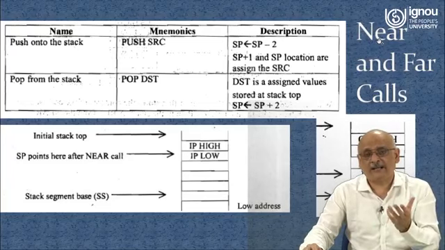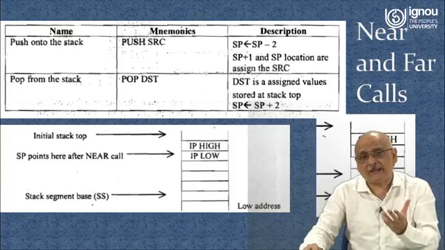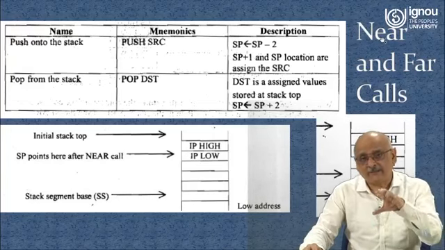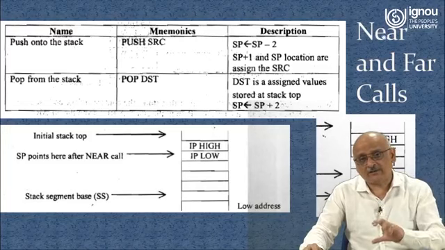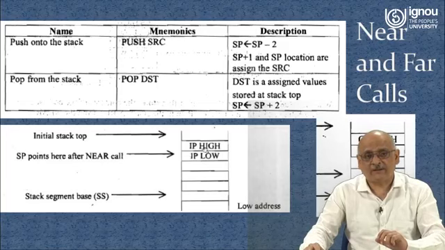One segment can be of maximum 64K. If the procedure is within the same code segment as your main code, then this is called a near call. That means if I have lots of instructions over here in the same code segment, it is called a near call.